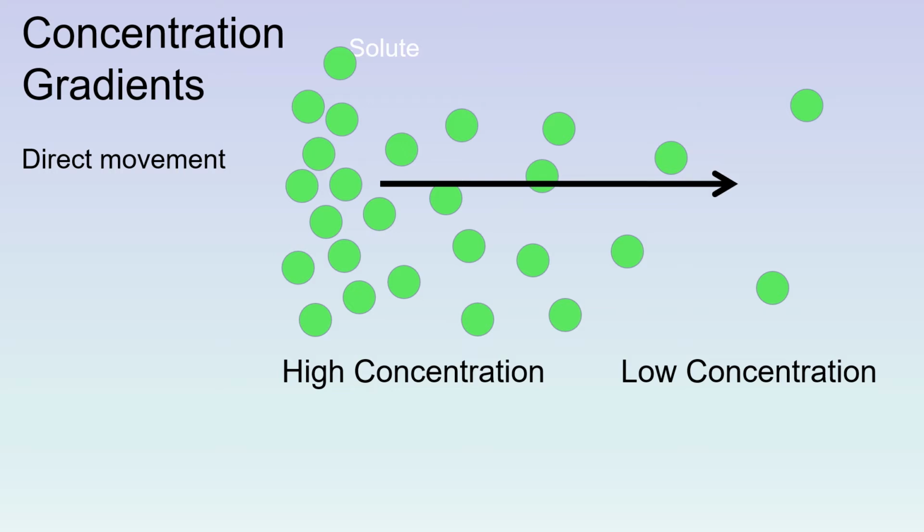So the solute is going to move from the left to the right, or from the area of high concentration to the area of low concentration, until there is a homogeneous mixture. The molecules will not move from right to left or from low to high concentration because energy would be required for that movement, and that's against the concentration gradient.